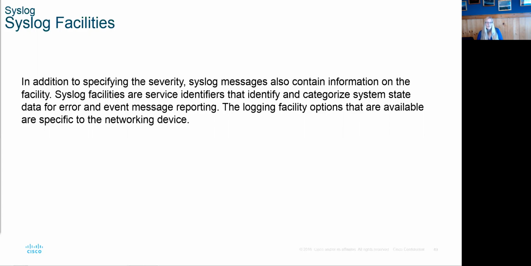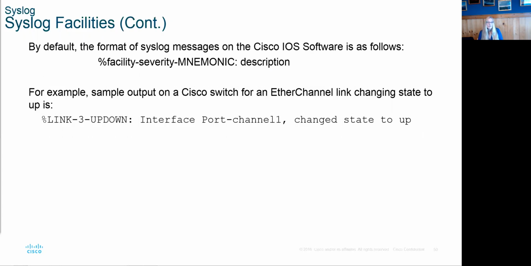So you need to keep on track of things. So here, for example, the facility is link and there's the severity level. The severity level is 3, and it's got a mnemonic of UPDOWN. So we can see that it changed its state.